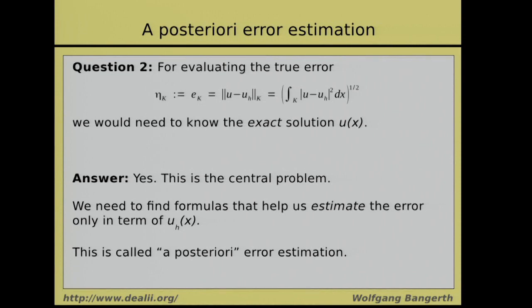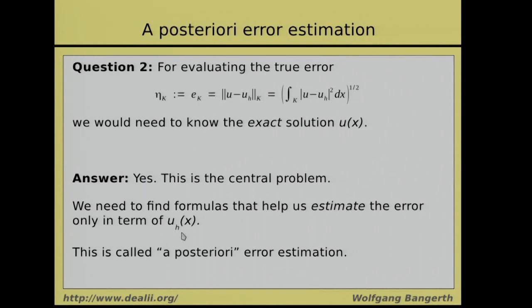So I don't know the exact solution, and I need to come up with mathematical ways to express the error on a cell in terms of quantities that I know. And the thing that I know is only the discrete solution, u_h of x.